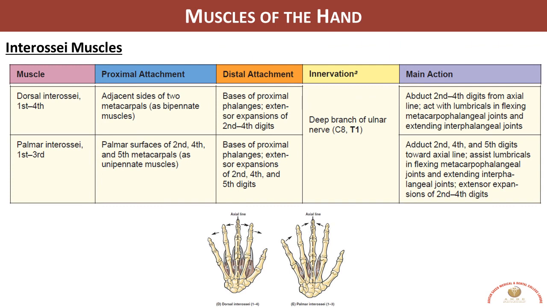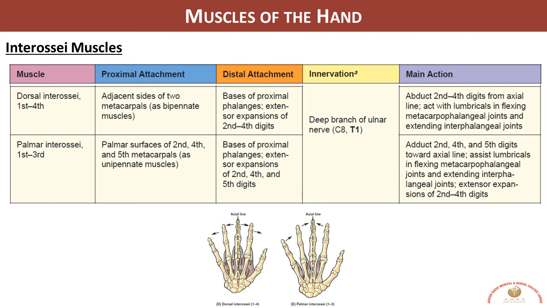DAB means dorsal abduct, meaning the dorsal interossei cause abduction, and PAD means palmar adduct, meaning palmar interossei cause adduction. So this is a simple mnemonic to memorize these. Understanding the Z movement is useful because it is opposite of the claw hand. Z movements can also occur in these muscles.